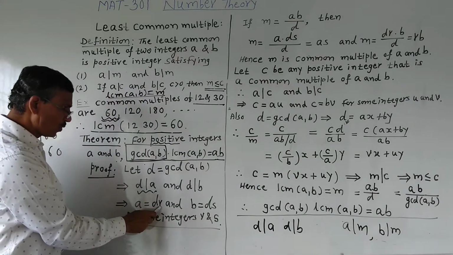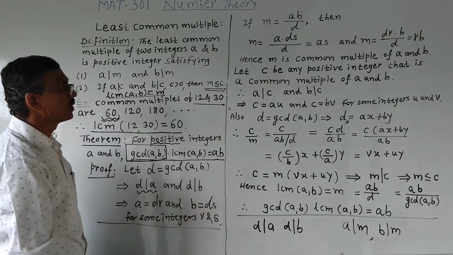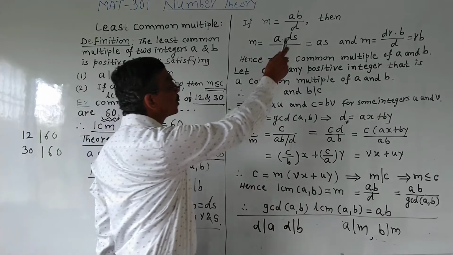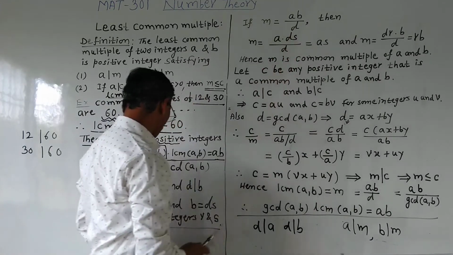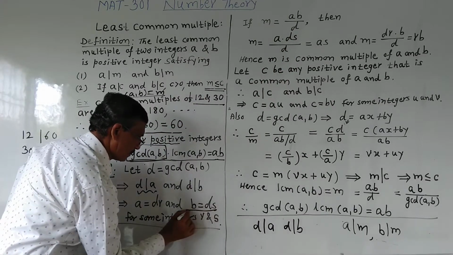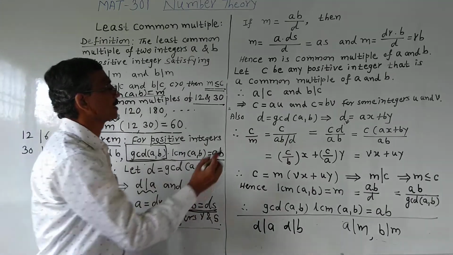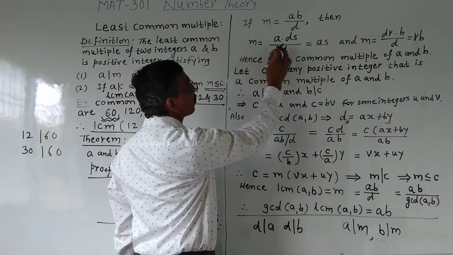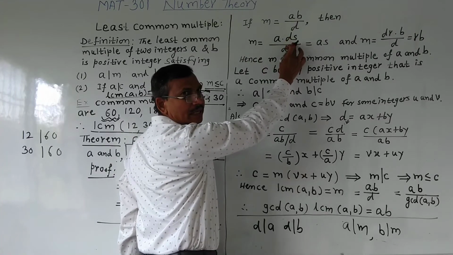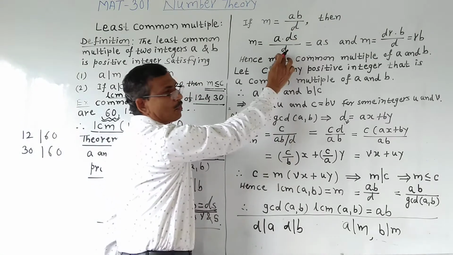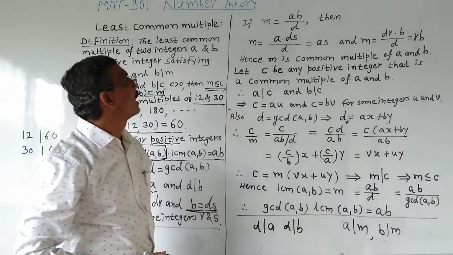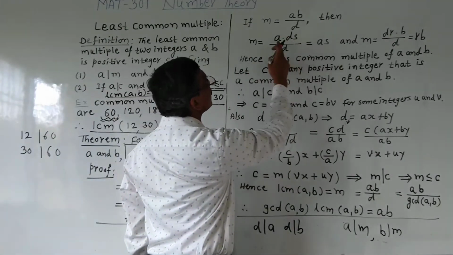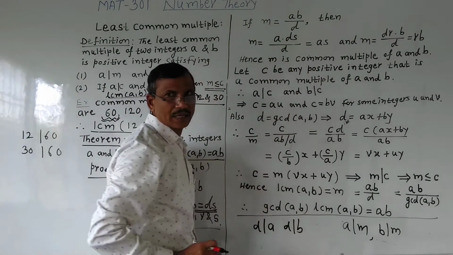A is equal to DR and B is equal to DS. At first put the value of B as DS from this equation. B is equal to DS. Here put the value of B as DS, means we get M is equal to A into DS divided by D. And then this D will get cancelled, which is equal to A into S.